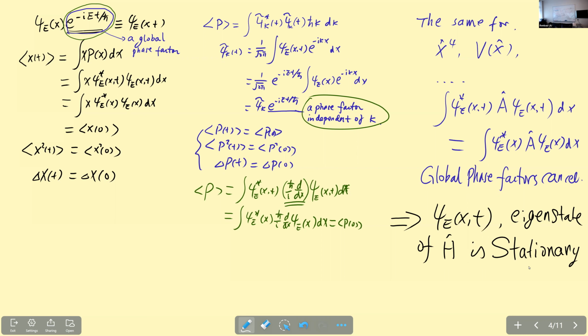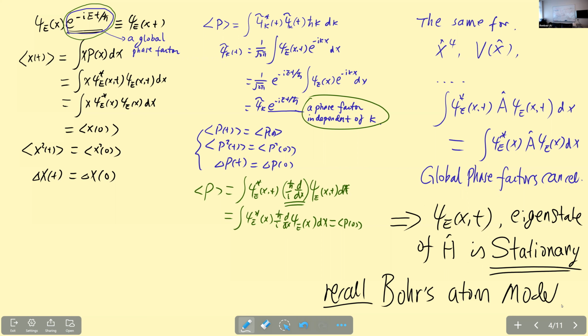So this is important. Okay, recall Bohr's atom model. Bohr's states are stationary. That's not changing with time for any physical quantities, so that it's stable. And you can see that the eigenstates, the eigenfunctions of the Hamiltonian, satisfy such kind of properties.